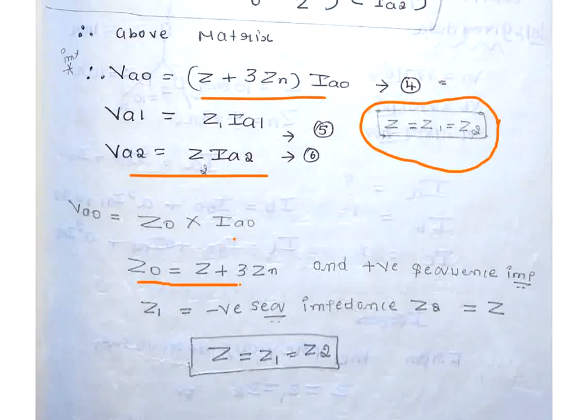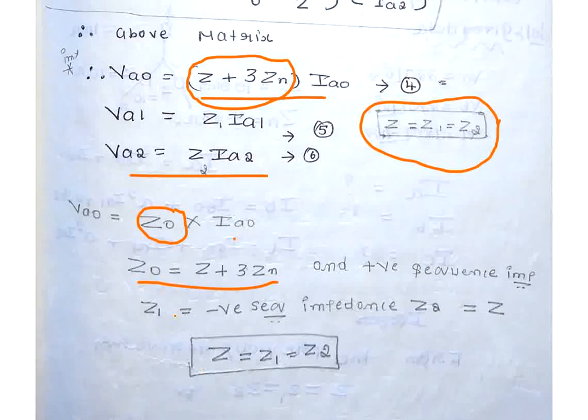Z naught, the zero sequence impedance, we can see here is Z plus 3Zn. So they have designated Z naught as Z plus 3Zn.